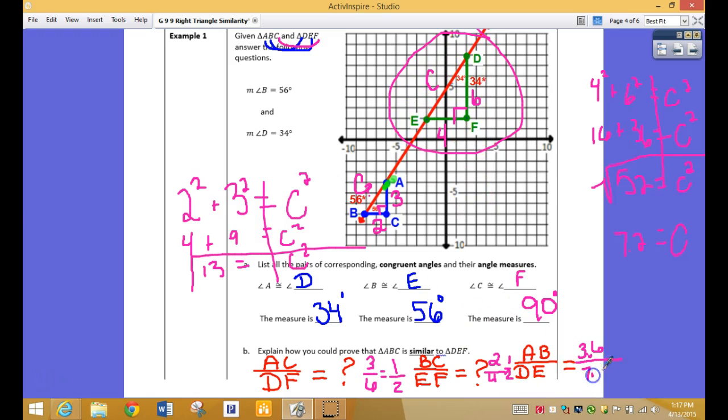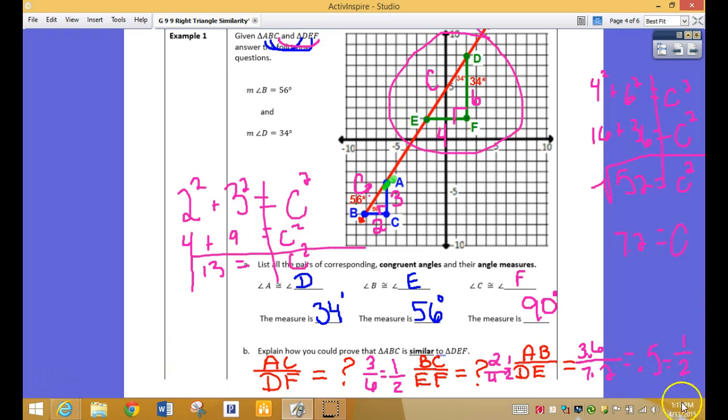Does that simplify to 1/2? If you're not sure, you can go on your calculator. 3.6 divided by 7.2. What does that equal? 0.5. What is 0.5 as a fraction? 1/2. 5/10 equals 1/2.